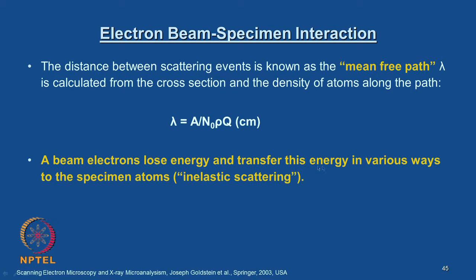The basic fundamental physics of that event is what we are now discussing. The beam of electrons loses energy and transfers this energy in various ways. One of the ways is that you get characteristic X-rays, and you have SEs, BSEs and all these signals. So, all basically inelastic scattering.